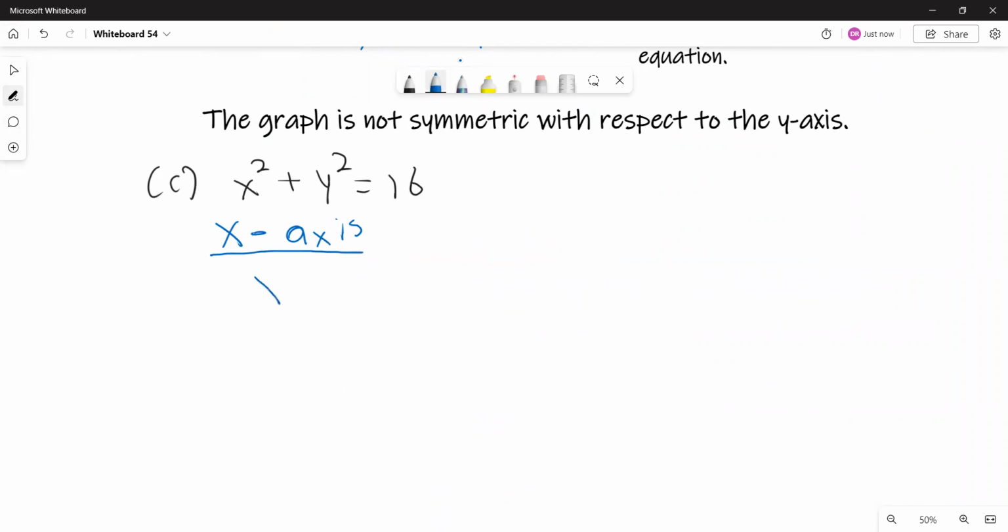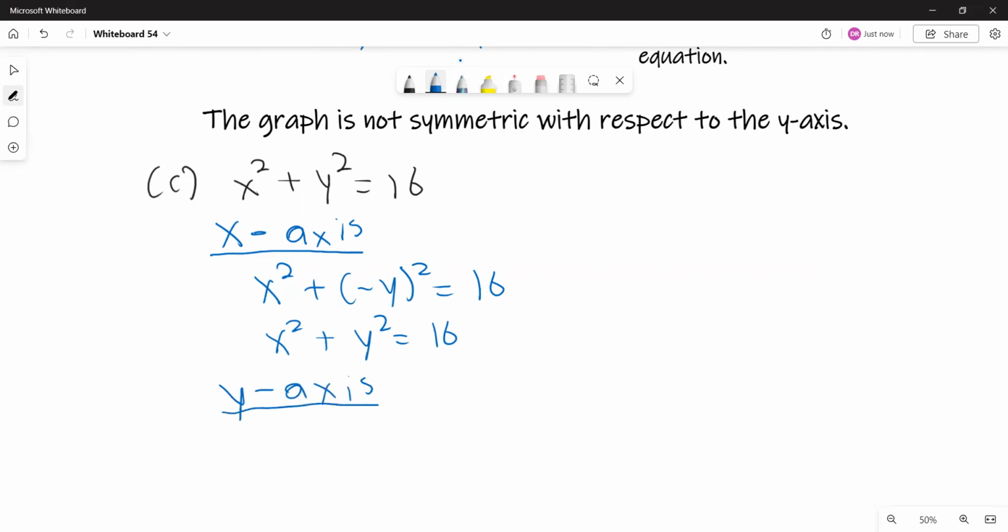With respect to the x-axis, we have x squared plus the opposite of y squared. But the opposite of y squared is going to be y squared. Okay, so we got the same equation, and with respect to the y-axis, the opposite of x squared is going to be x squared.